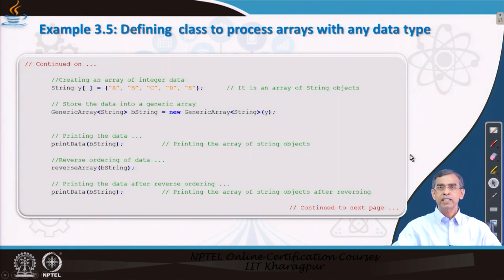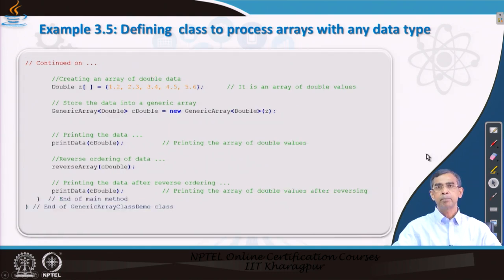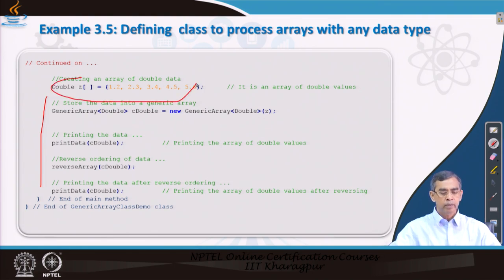So, if it works for integer, it will also work for double values, and this is an example where we can run the same program, but for arrays of double values.